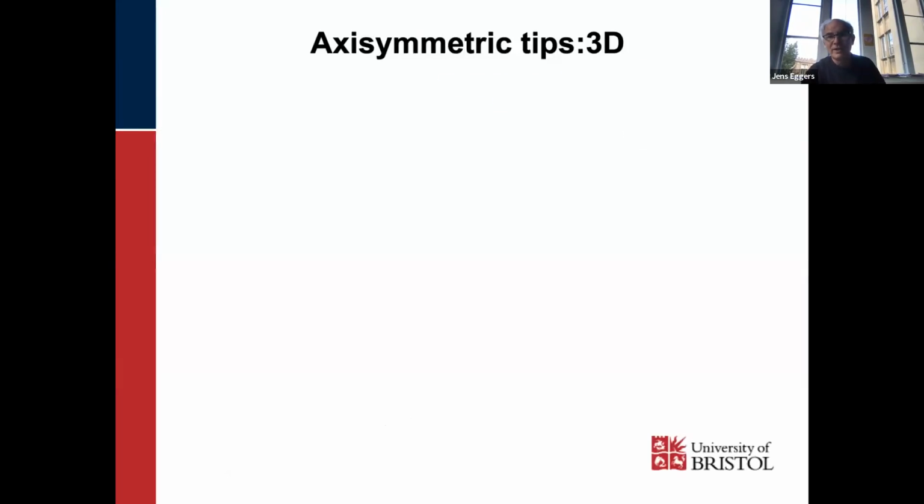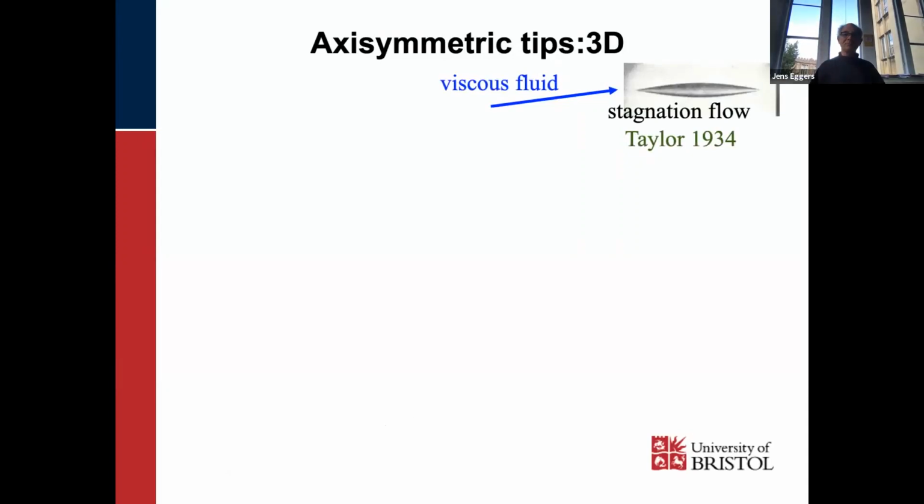To give you some examples of these axisymmetric flows I have in mind, let's start with Taylor's famous experiments of bubbles or low viscosity drops in a viscous flow. The viscous flow was driven by some system of rollers, and Taylor observed that the shape of the drop at the end could be focused into a very, very sharp tip.